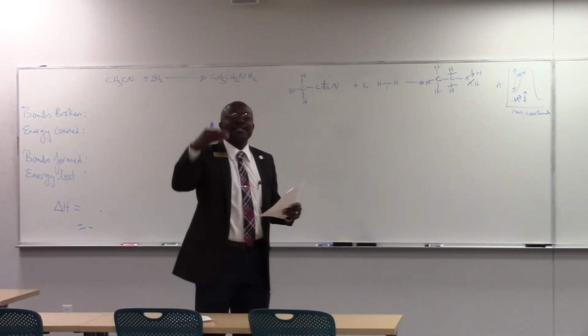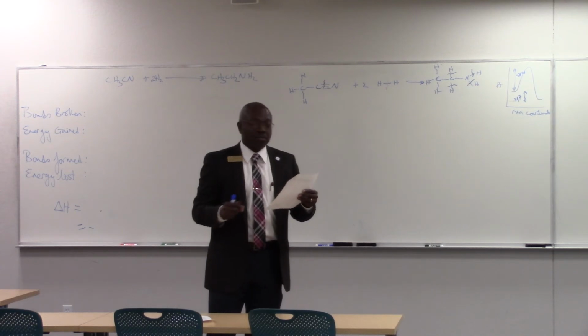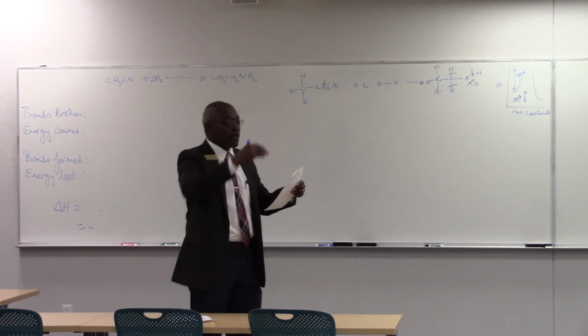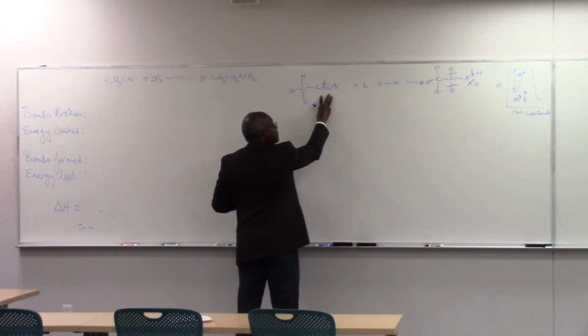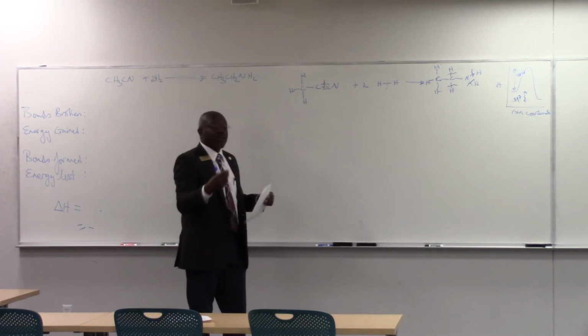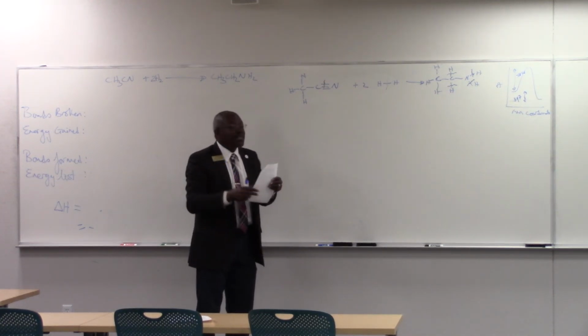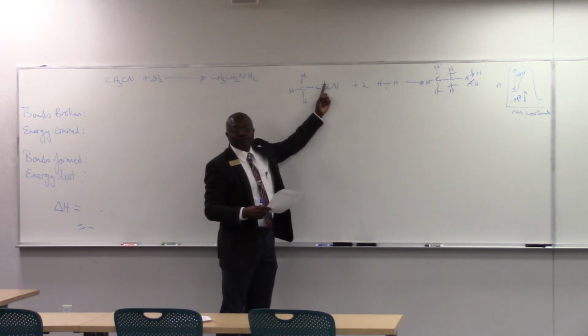The C single bond N is 73. So the second column, third entry down. The difference between the triple bond, 213, and the single bond, 73, is the energy involved in breaking these two bonds.